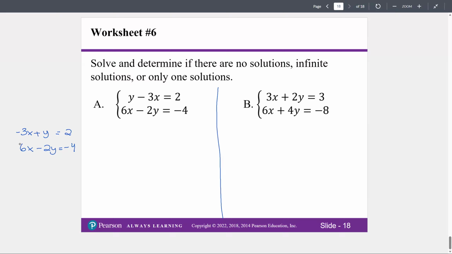Now, if we wanted to try to eliminate x, we just have to multiply the top by 2. So if we do that, we have -6x + 2y = 4. And the bottom didn't change, so we keep 6x - 2y = -4. So we see 0x + 0y is going to equal 0, or 0 = 0. So we have infinite solutions.